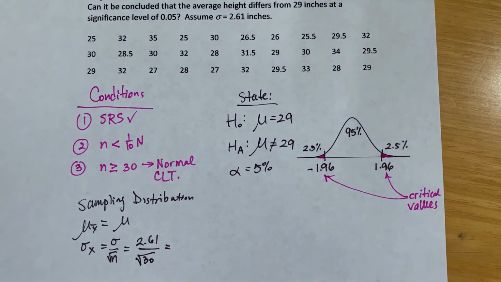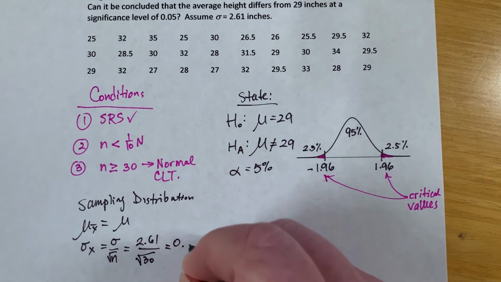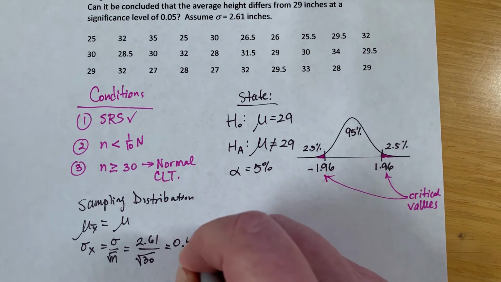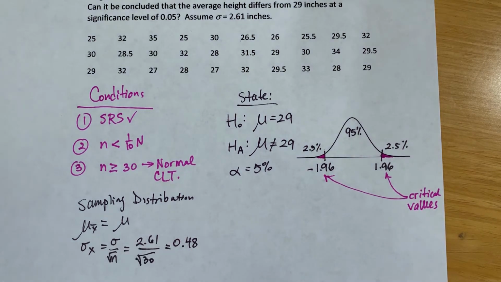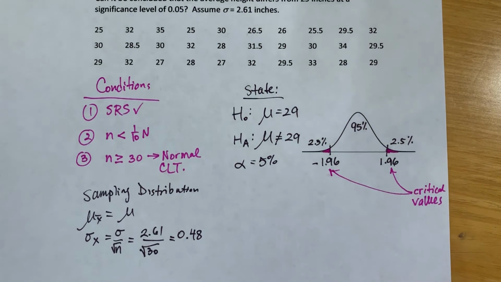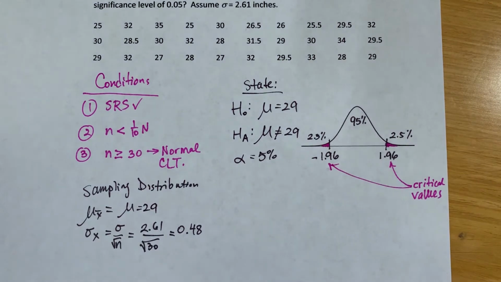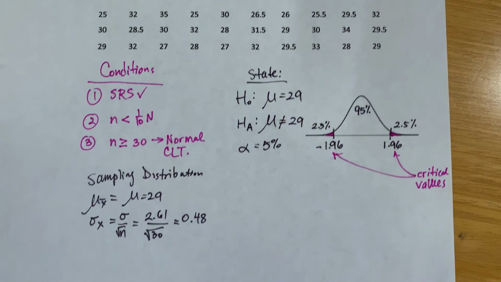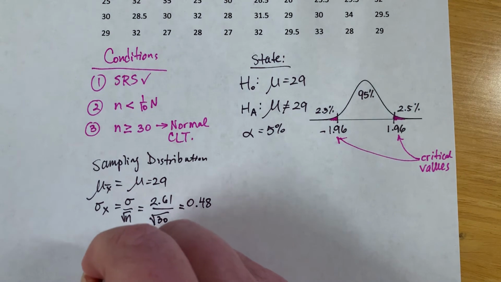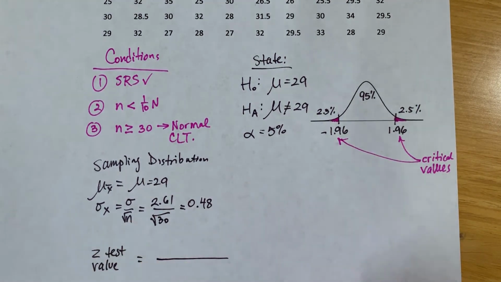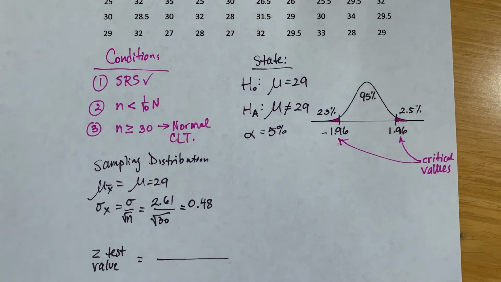Go ahead and calculate that. I ended up with 0.476. So I'm just going to round that to 0.48. Okay, now that I have all this, this is 29 over here, and I can go ahead and compute my test value. Okay, Z test value. And that Z test value, I'll remind you, is the observed.